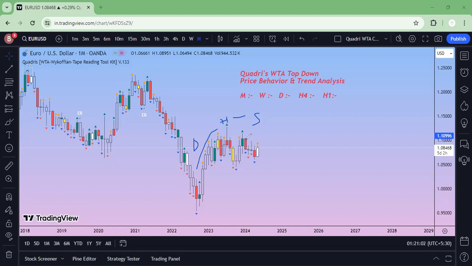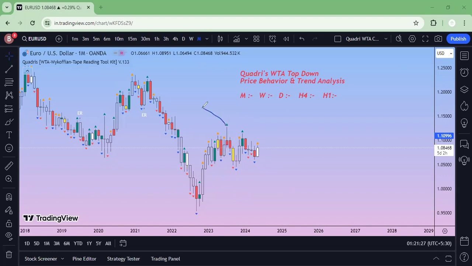But having said that, if supply was evident or stronger than demand, then it would have gone down. It would have broken this and come down to somewhere around this particular level or this particular level. But that didn't happen because this is a monthly chart. It takes its own time for price to reach this particular level.